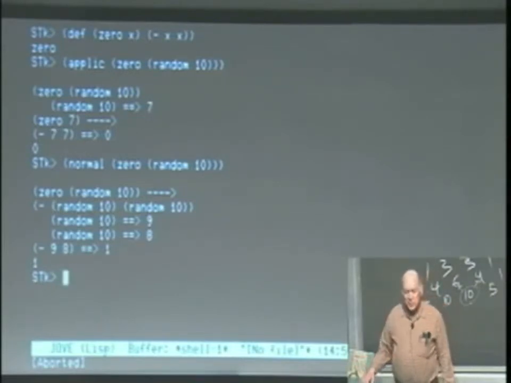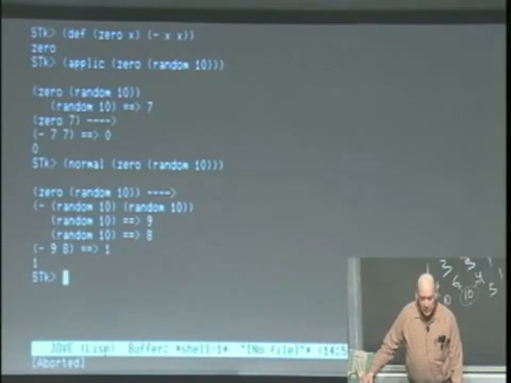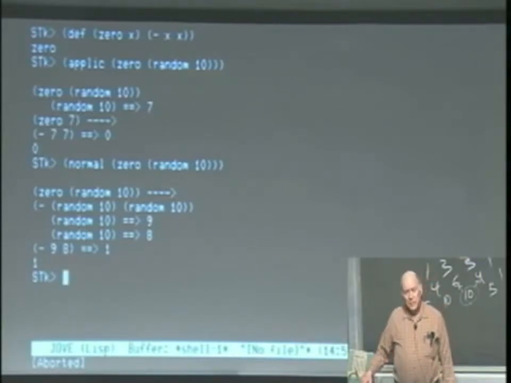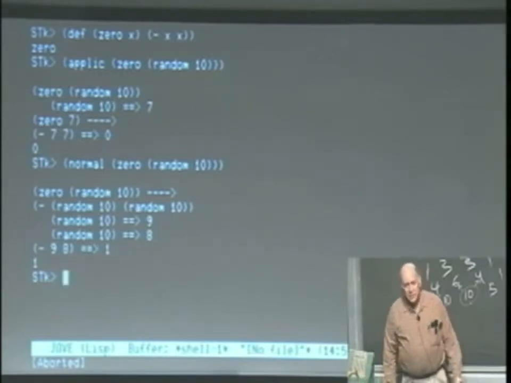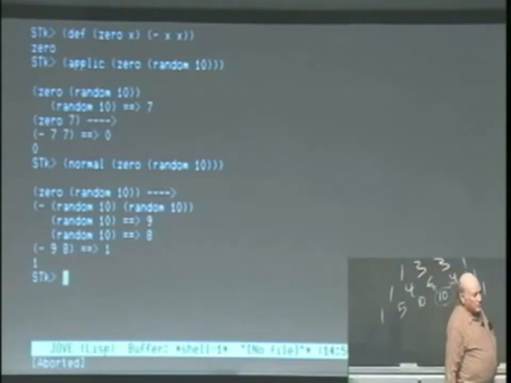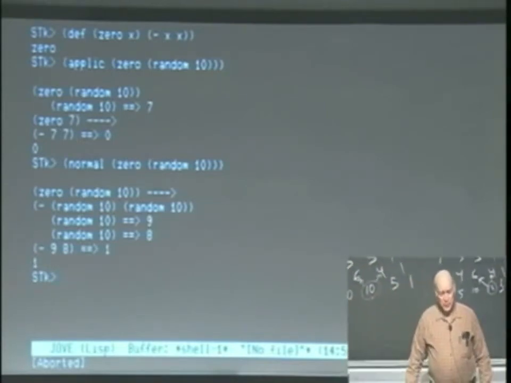So I substitute the actual argument expression random 10 into minus x x. I get minus random 10, random 10. I call random 10. I get the answer 9. I call random 10, I get the answer 8. 9 minus 8 is not 0, it's 1. So this is an example that gives different answers in normal and applicative order.